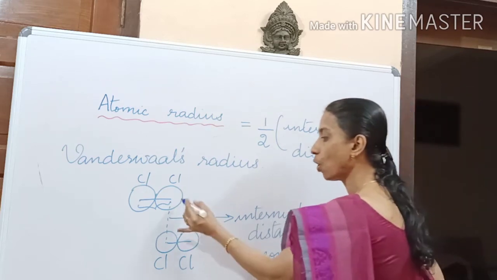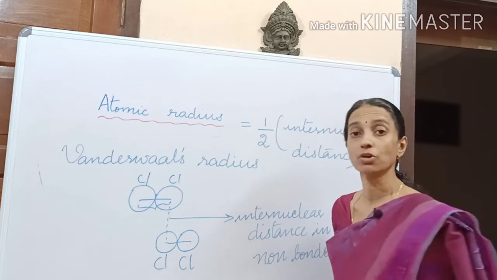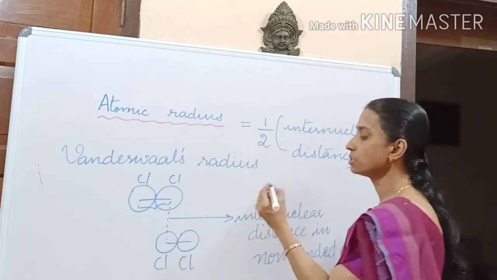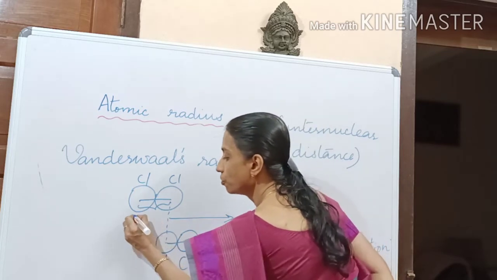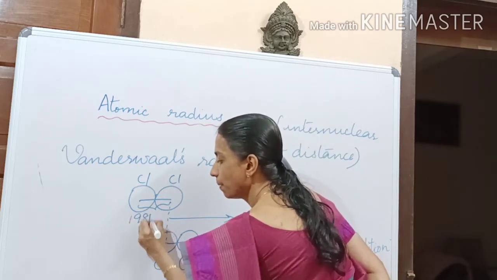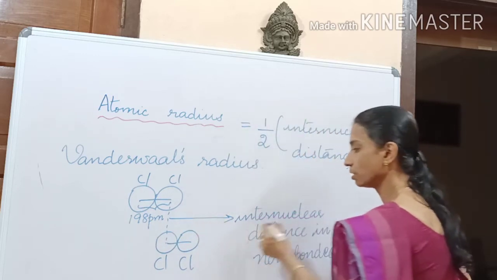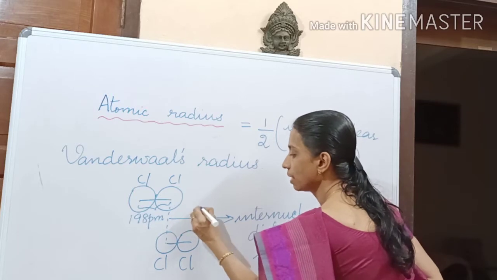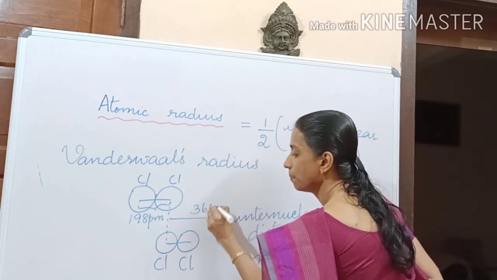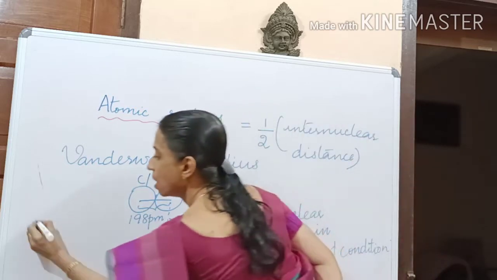So you find that the van der Waals radius is always greater than the covalent radius. Suppose the covalent distance of the chlorine molecule is given to be 198 picometers, and the van der Waals distance is roughly 360 picometers. What is the covalent radius?